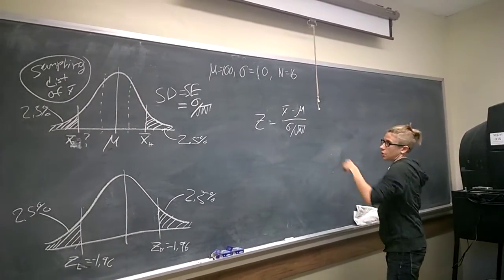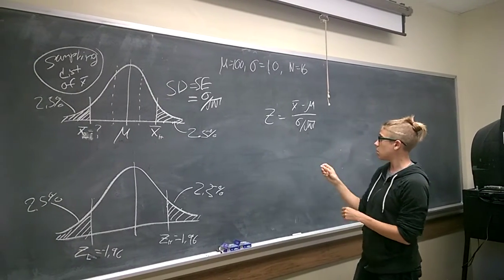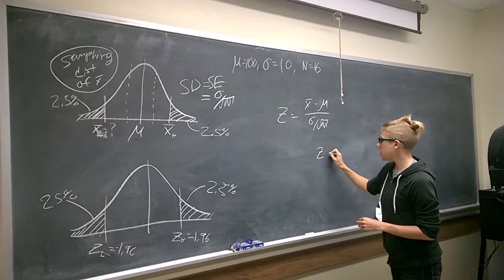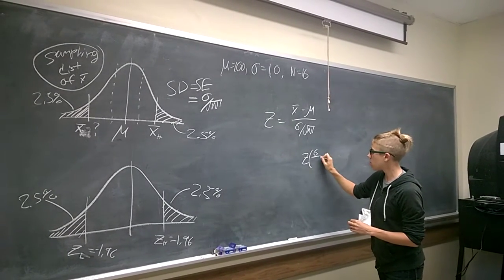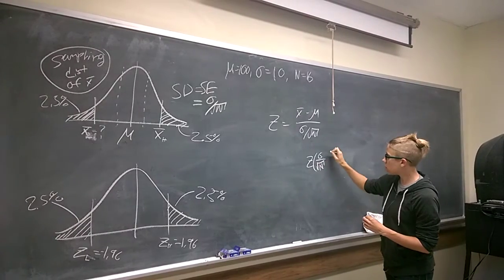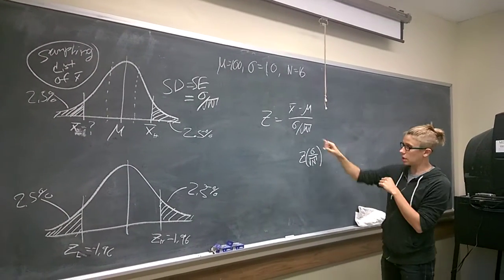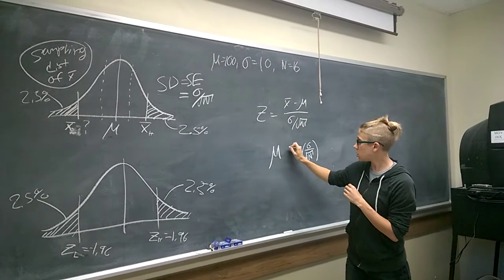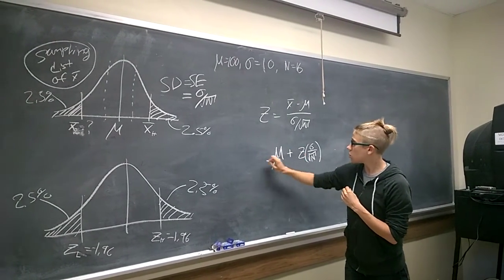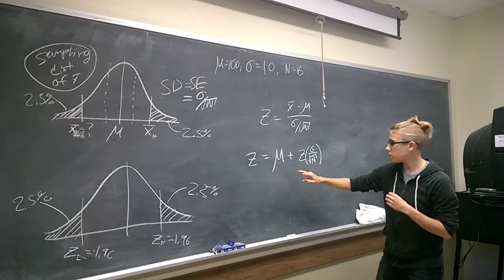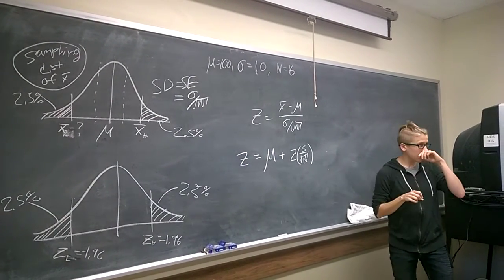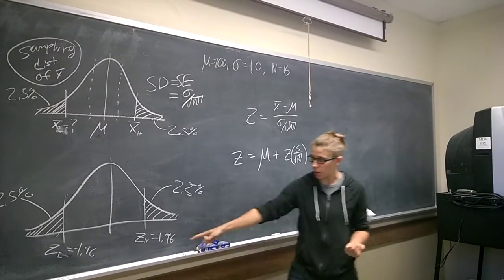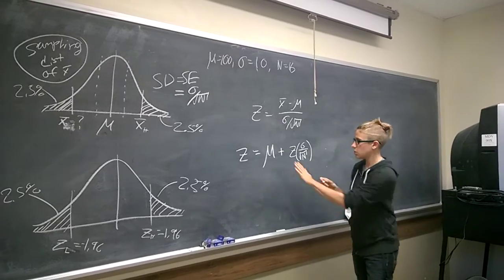We want to solve for x bar, so we multiply over: z times the standard error, and then we add the mean. So x bar equals the mean plus z times the standard error. Z is actually the same for the low and the high, so it's just plus or minus 1.96.